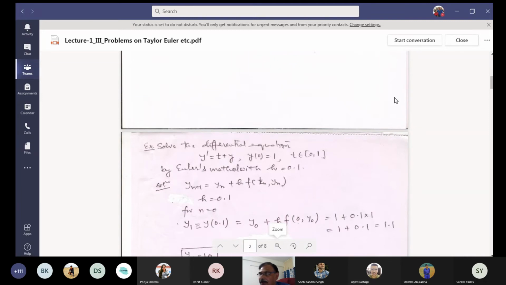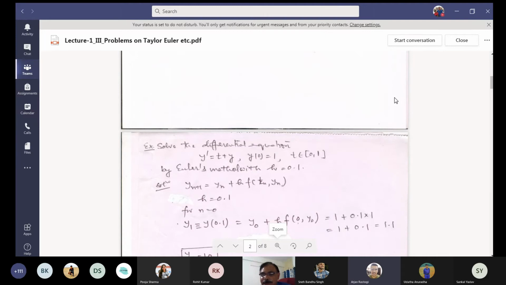Similarly, y3 will be calculated through y1 plus 2h f(x2, y2). So it requires y2 also, and it requires y1 also. You cannot skip any value.